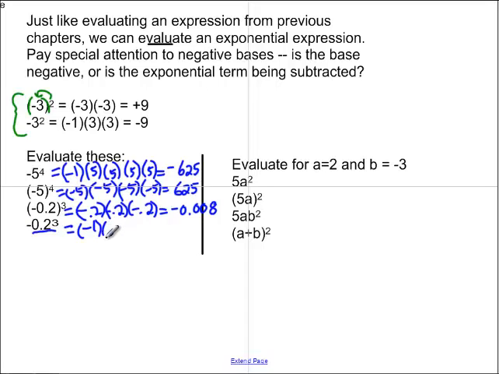And our base is 0.2, positive 0.2. So we multiply our base, positive 0.2, 3 times together, and we get a negative 0.008.